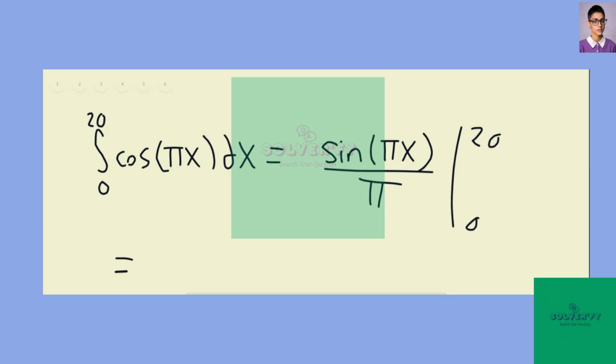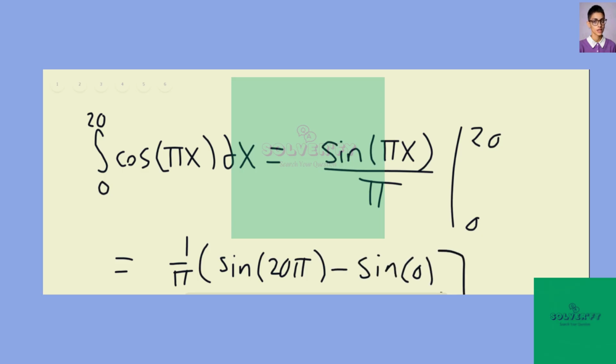We're evaluating that from 0 to 20, and that's just 1 over pi times sine of 20 pi minus sine of 0, and both of these are 0, so it says the real area is 0.